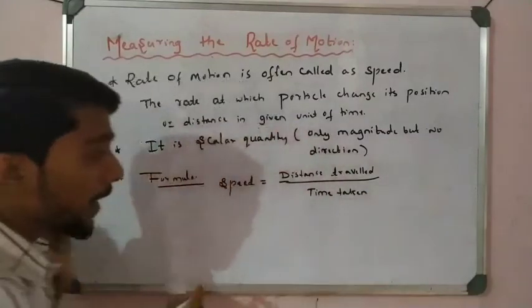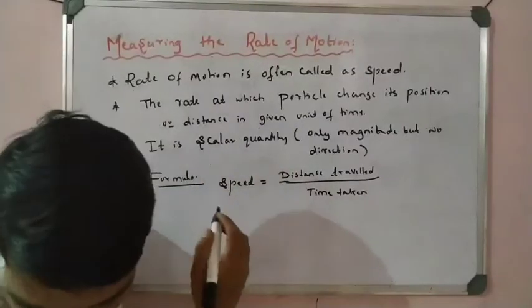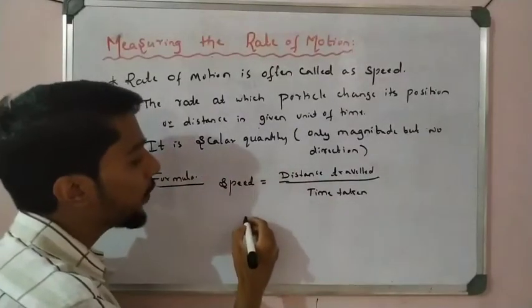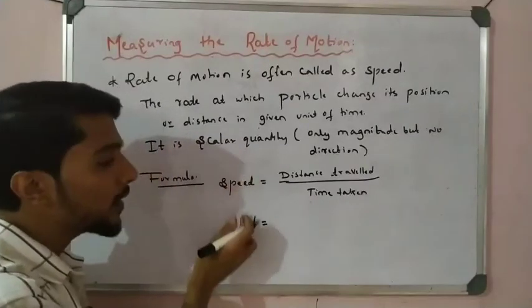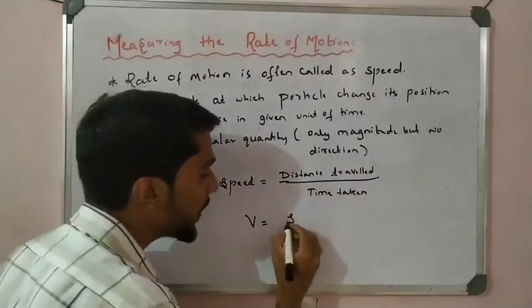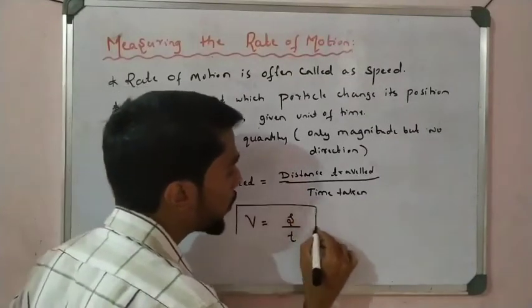If I make this sentence short, I can write it like this: speed stands for v, distance stands for s, divided by time t. So this is the formula to calculate speed.